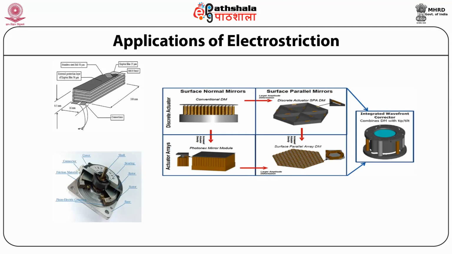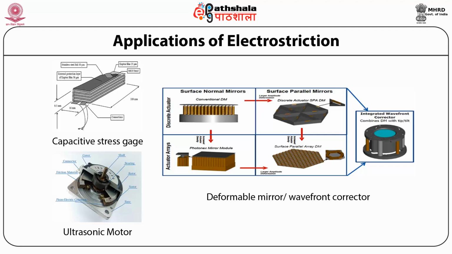The electrostrictive actuators are also used in the capacitive stress gauge, whose figure has been shown, in the ultrasonic motors, and also in the deformable mirror or the wavefront correctors.